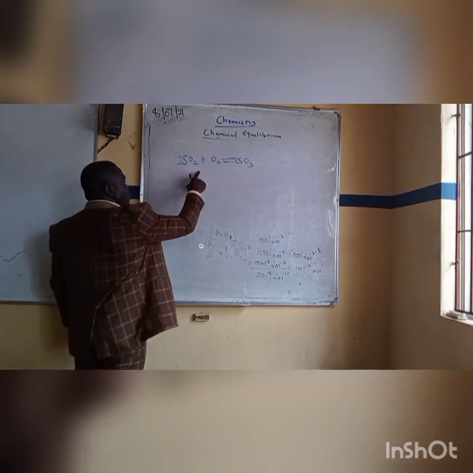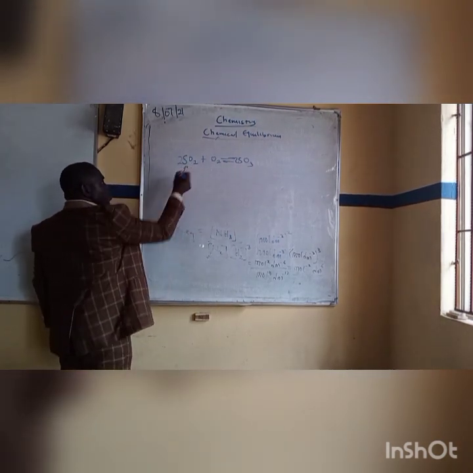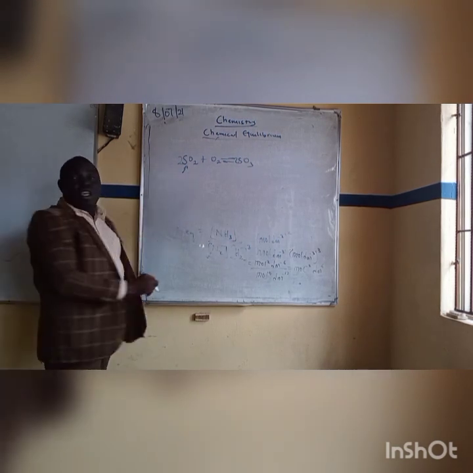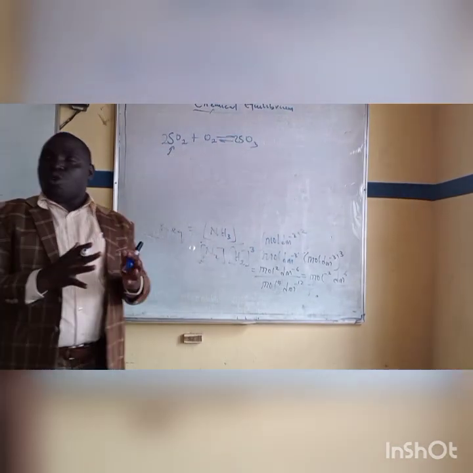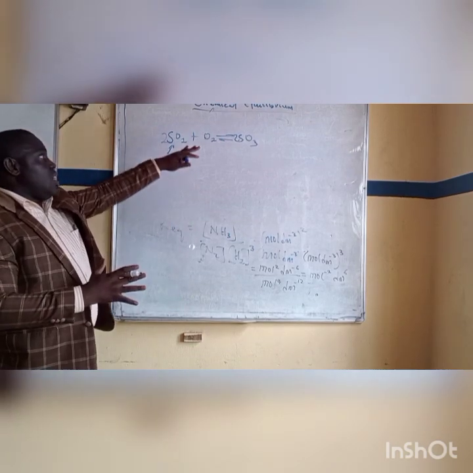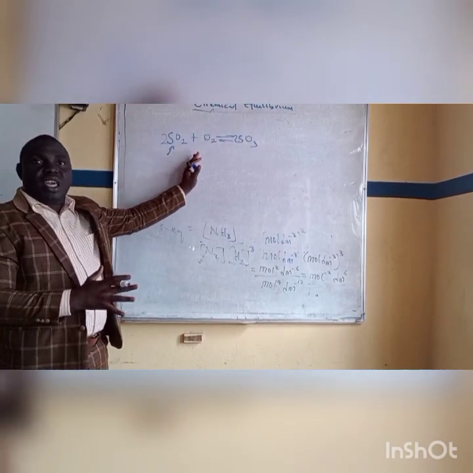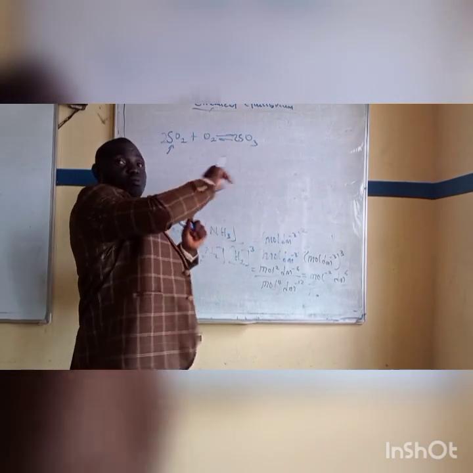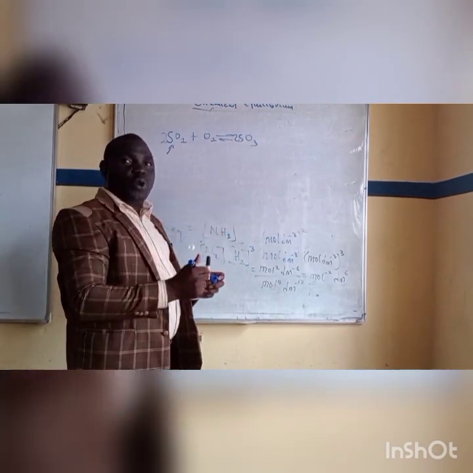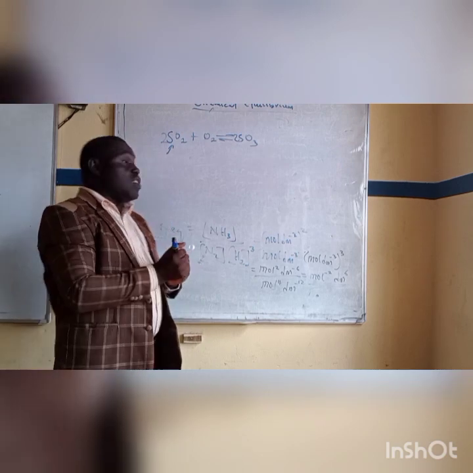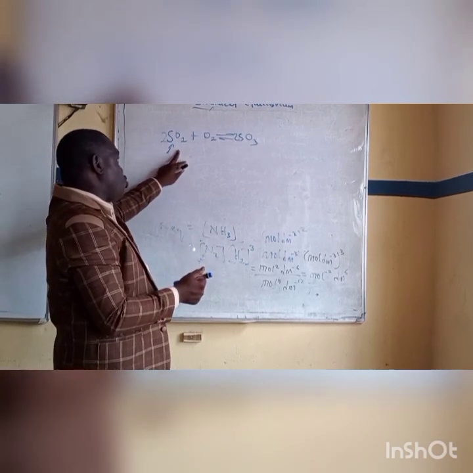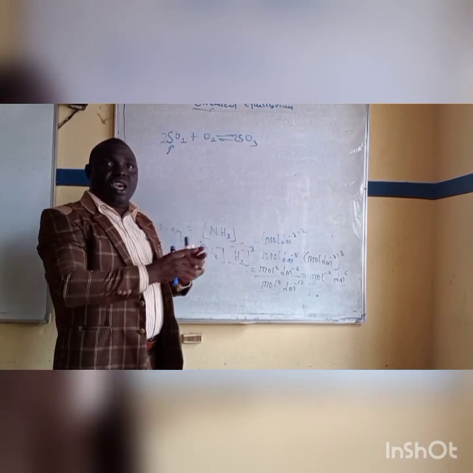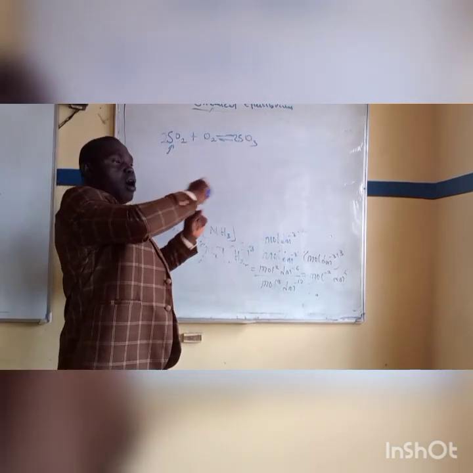Now, in this equation, if you increase the concentration of sulfur dioxide, it means there will be more of the reactant. The concentration of the reactant would have been so much, and that will make the system move to the forward reaction. So we can say that an increase in concentration of SO2 will lead the system to the product side.